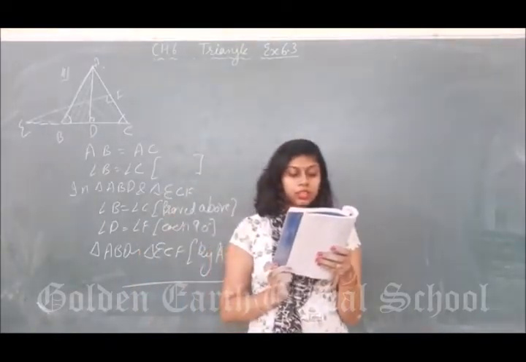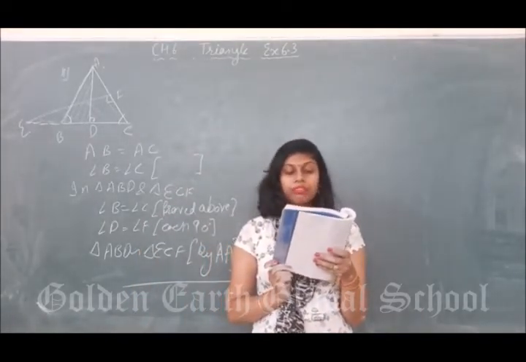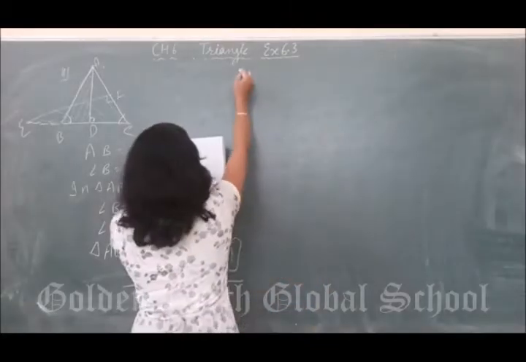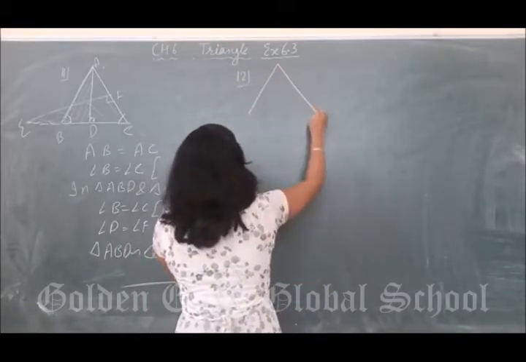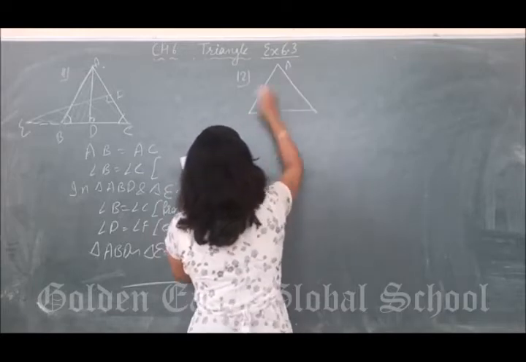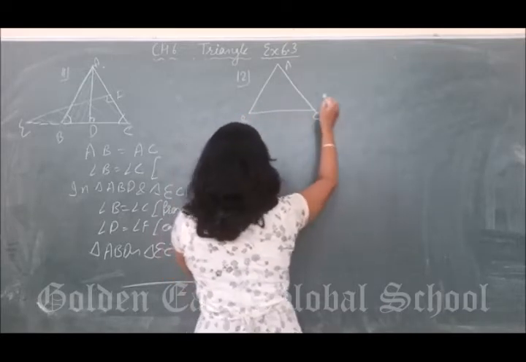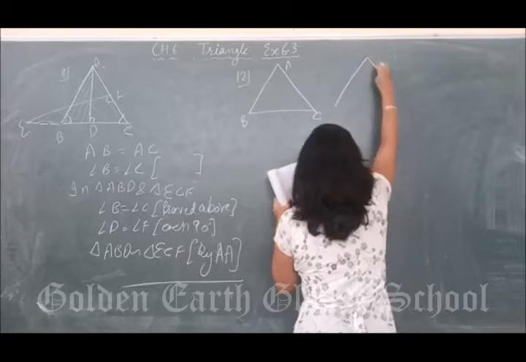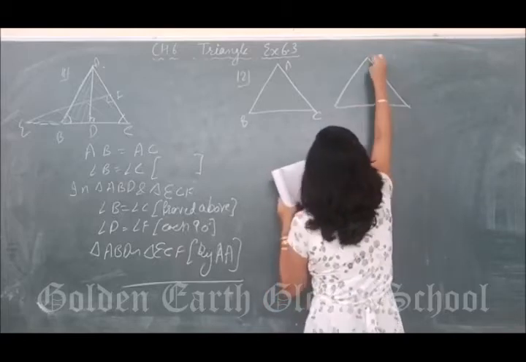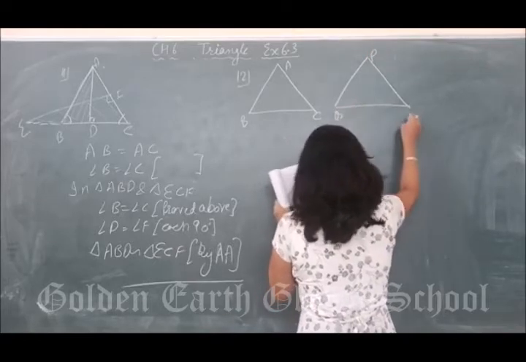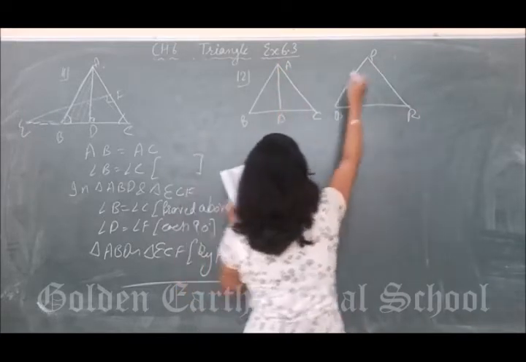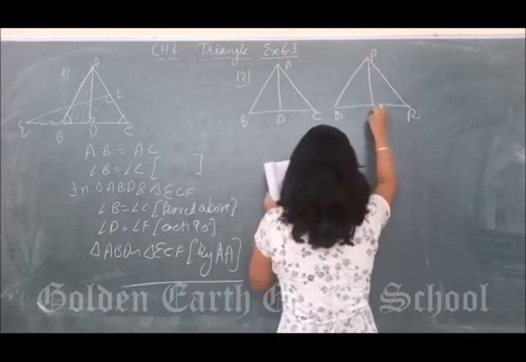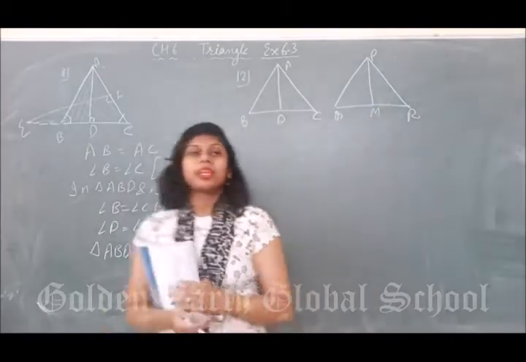Again, we have to draw the figure. The figure is given. This is triangle ABC and this is PQR. AD is a median. PM is again a median. What is the meaning of median?